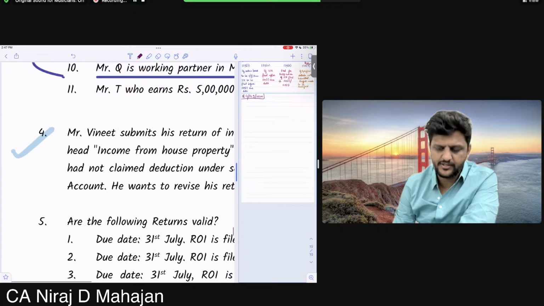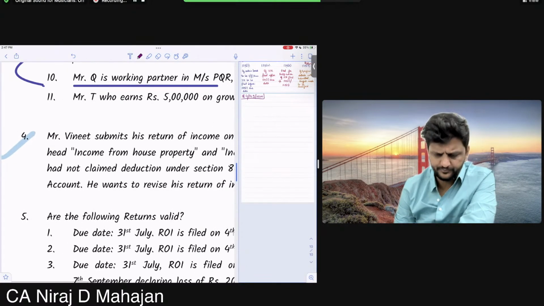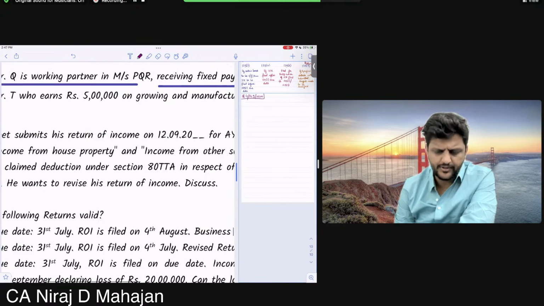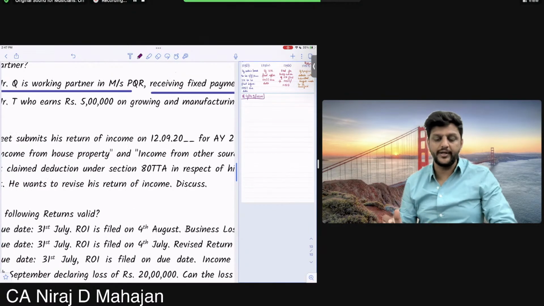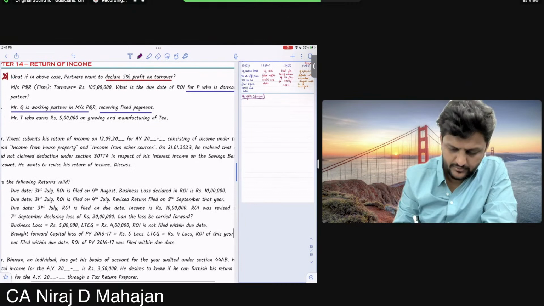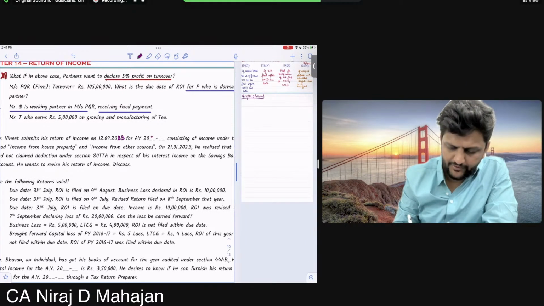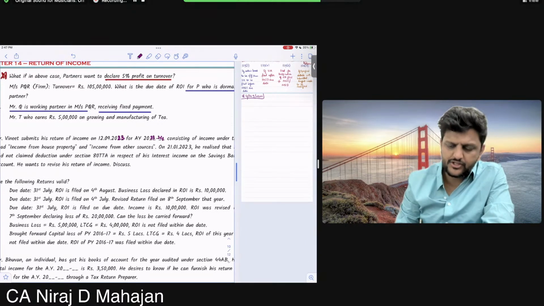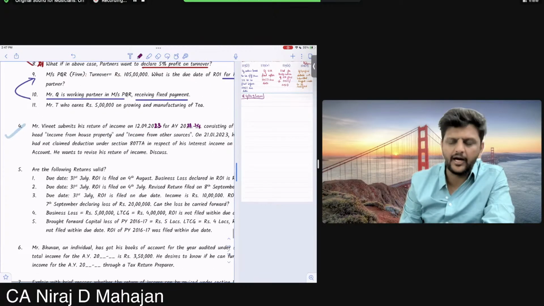Mr. Vineet submits his return. Everyone ready now? Mr. Vineet submits his return of income on 12th September 23 for AY 23-24, consisting of income under the head HP and IOS.